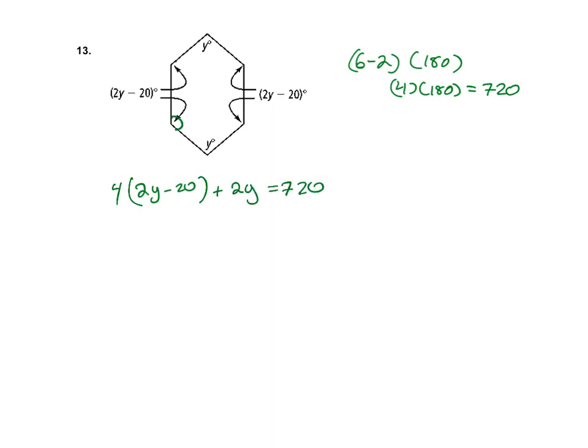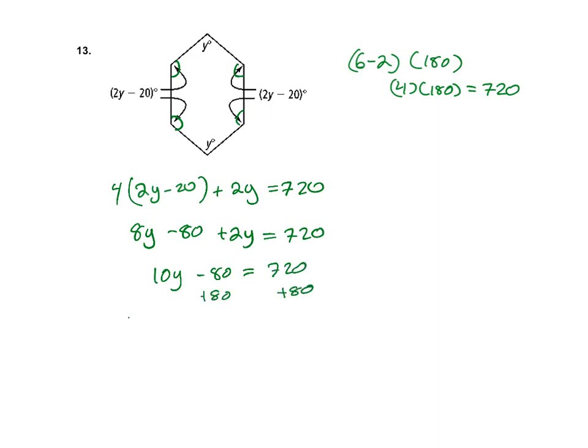So 8y minus 80 plus 2y equals 720. So 10y minus 80 equals 720. Adding 80 to both sides, 10y equals 800. Now I'm going to divide by 10. So y equals 80.